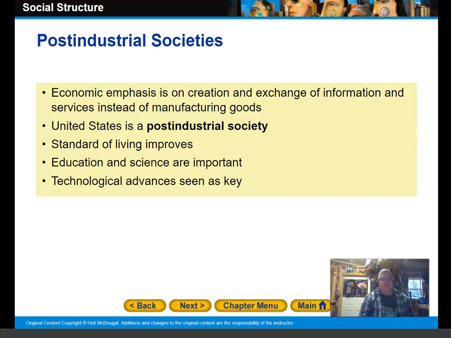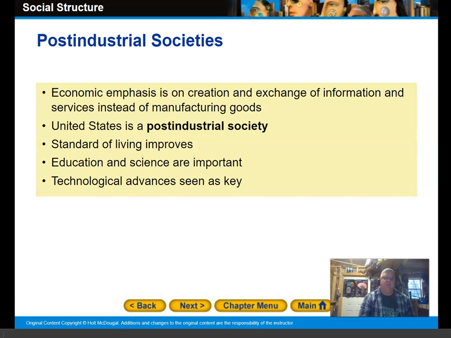In post-industrial societies, the emphasis is on creation and exchange of information and services instead of manufactured goods. The United States is a post-industrial society. We are no longer mostly manufacturing.